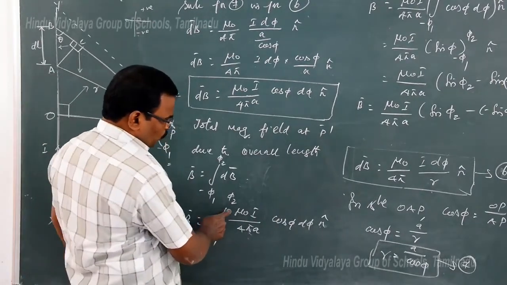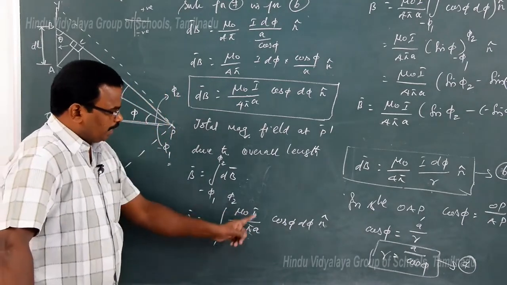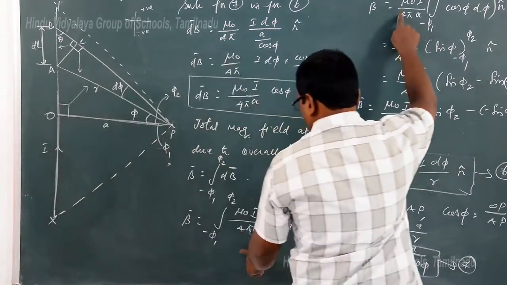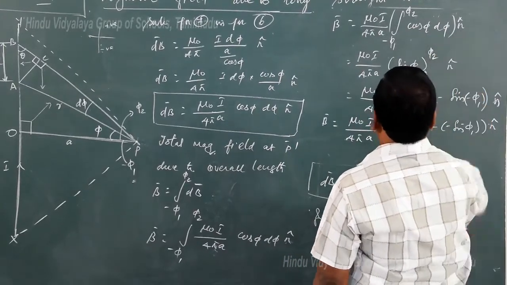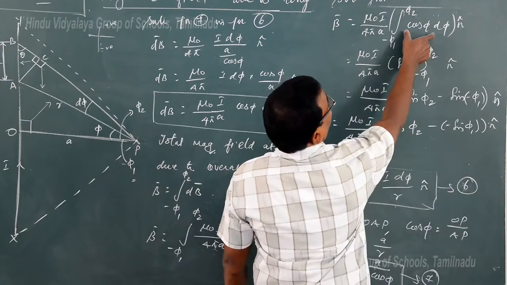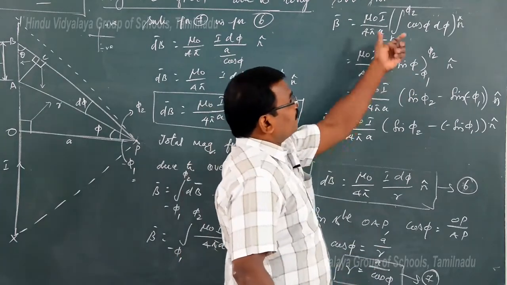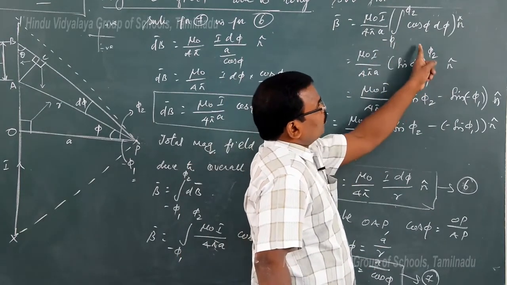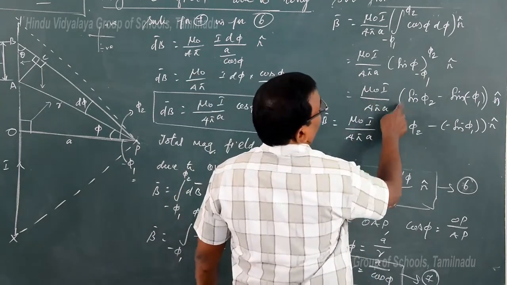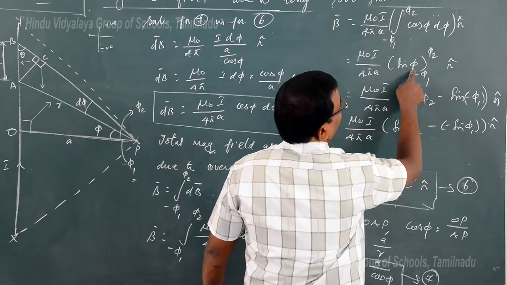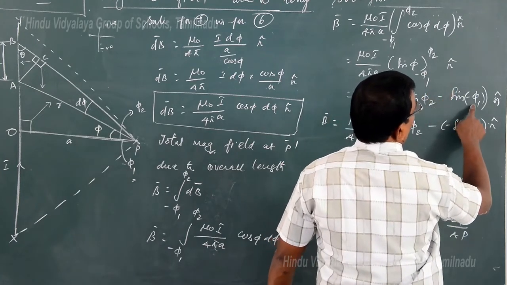Mu naught I by 4 pi a is constant, mu naught being 4 pi into 10 to the power minus 7, and I and a are constant, so we take the constants outside. The remaining factor is the integral from minus phi 1 to phi 2 of cos phi d phi into n cap. The integral of cos phi is sin phi, like the integral of sin theta is minus cos theta. Substituting the limits, sin phi 2 minus sin of minus phi 1.